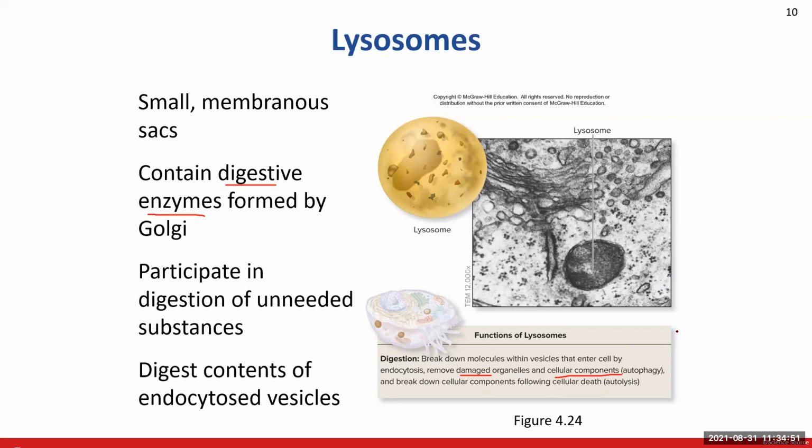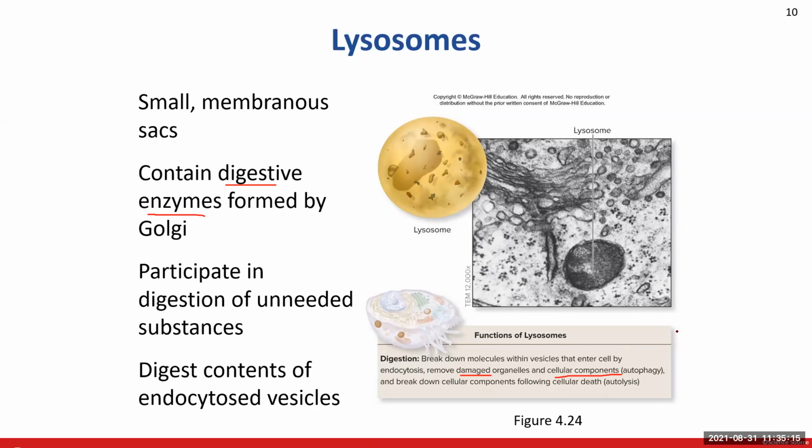Some of the cellular components that maybe had been started to be built but never finished, or something starts to break down, no problem. This guy comes along and will start to digest these unused or half-built cellular components. So they just go around and kind of clean things up.